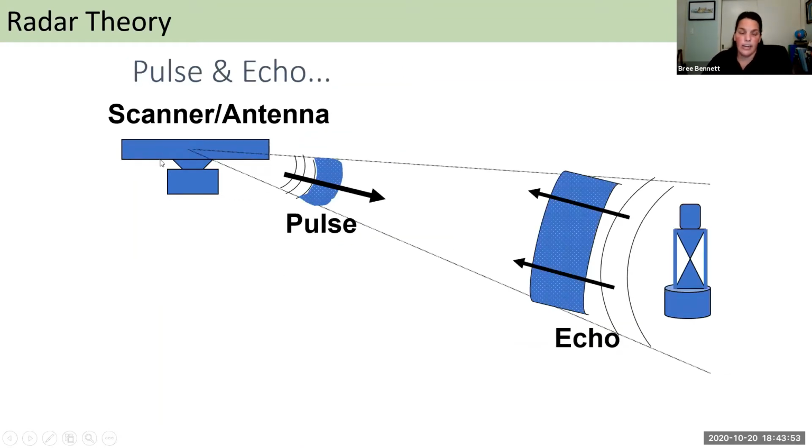Again, our scanner or antenna is typically moving around. It sends out a pulse and waits. The pulse takes microseconds, millionths of a second, and then it has a much longer waiting period, listening for that signal to come back before it sends out another signal.